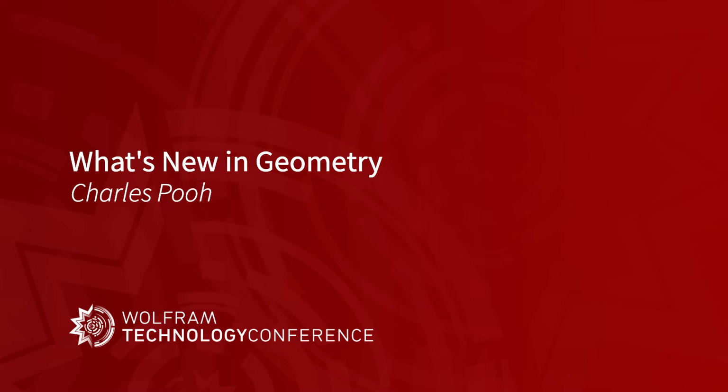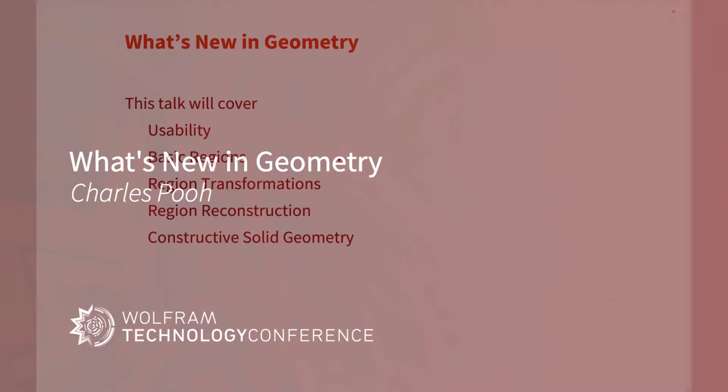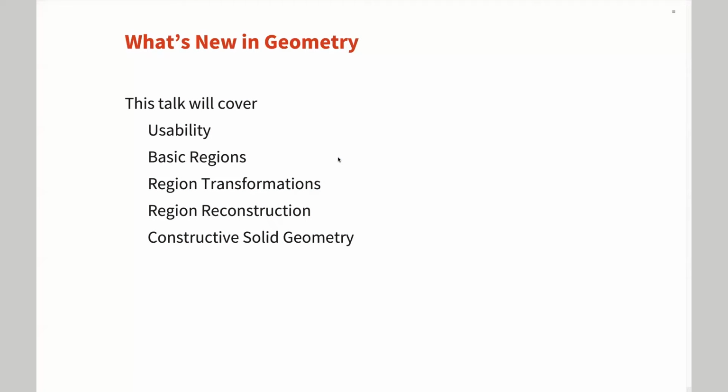Today I want to give you the latest update on the geometry in the upcoming version 13 of the Wolfram Language. In this talk, I will cover usability, which is one of the key components we continuously improve in every feature. I will also give you an overview of the new basic regions as we continue to add new representations for geometric regions in the language.